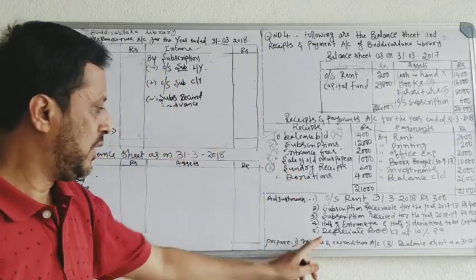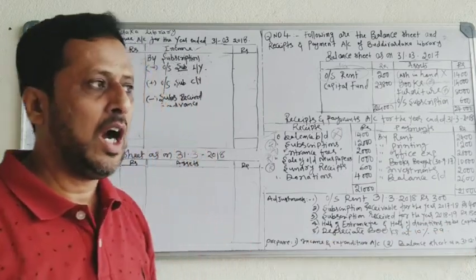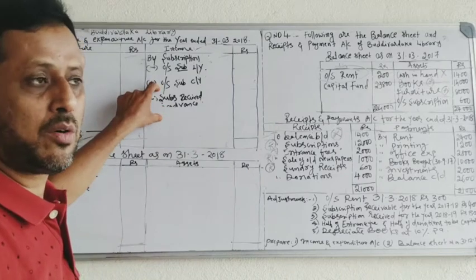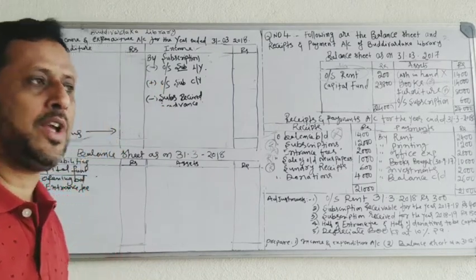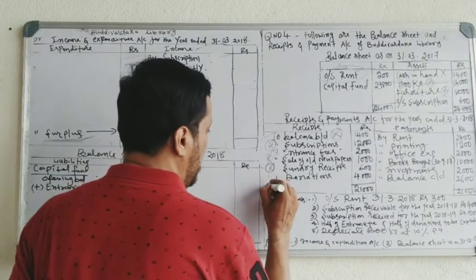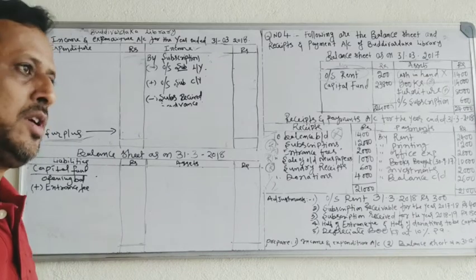Donation. What is said in the fourth adjustment? Half of the donation is to be capitalized. Half donation you take as revenue receipt in the income and expenditure account. Half donation you take as capital receipt in the balance sheet. So half revenue, half capital item.